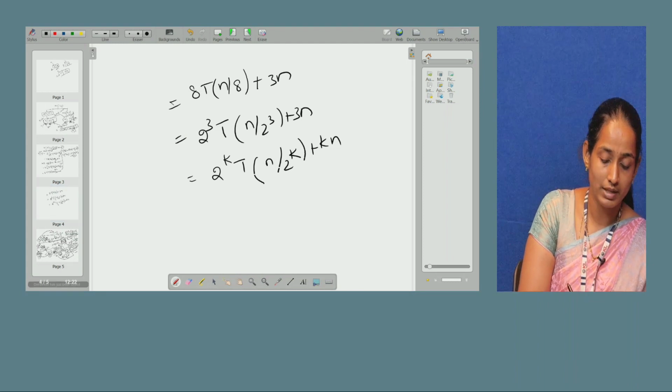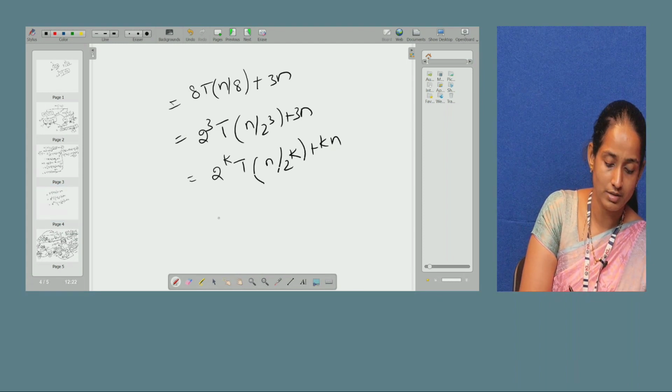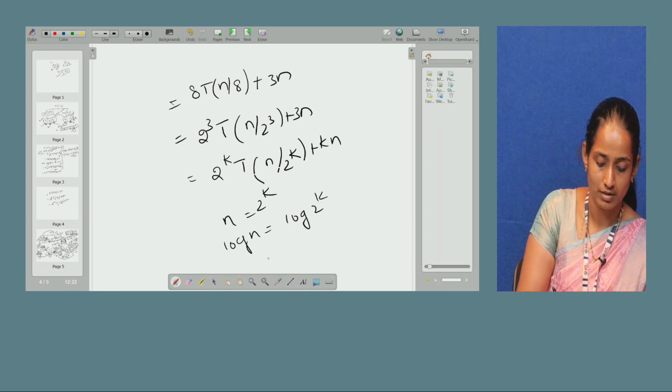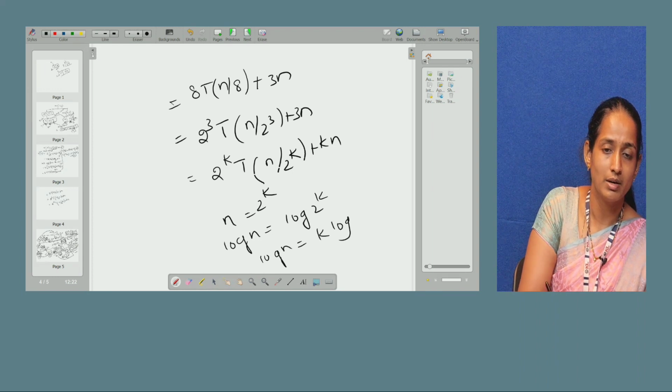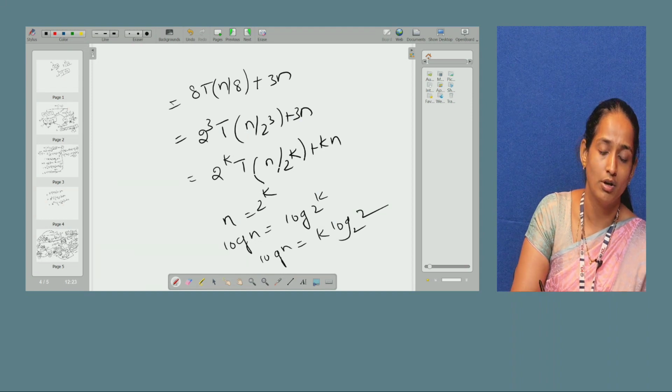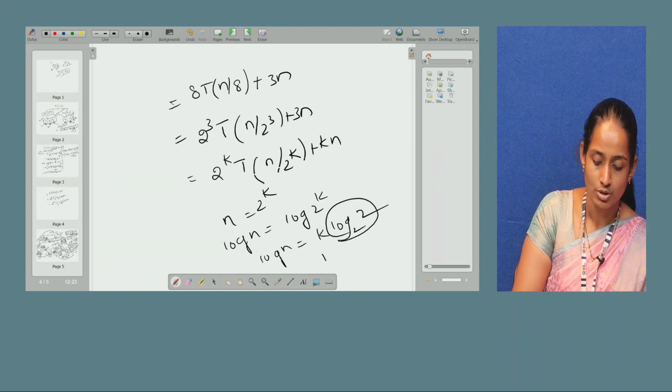As I need the time complexity in terms of n, let me assume that n is equal to 2 power k and apply logarithm on both sides. So log n is equal to log 2 power k. So log n is equal to k, since we can bring the power down based on the principle of logarithms, and log 2 is 1. So I can substitute the k value with log n, and 2 power k with n.